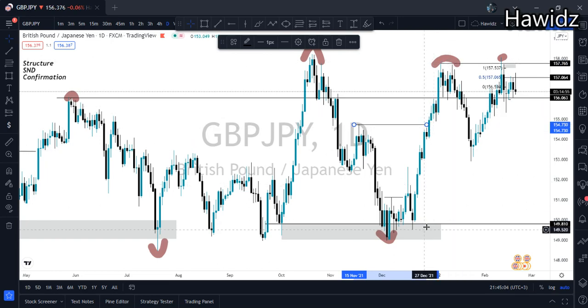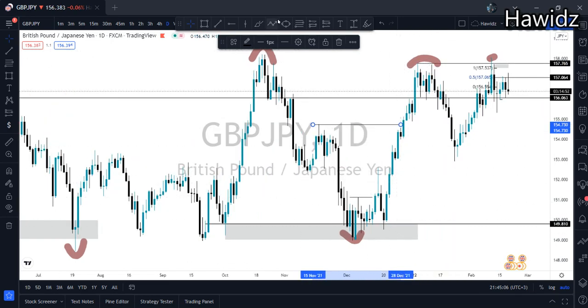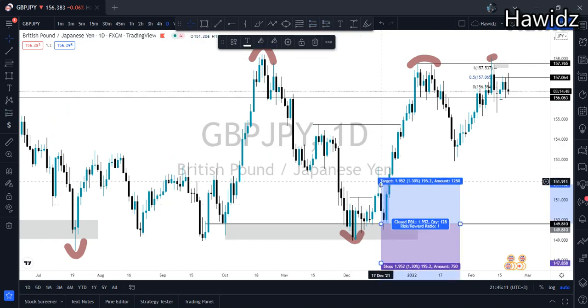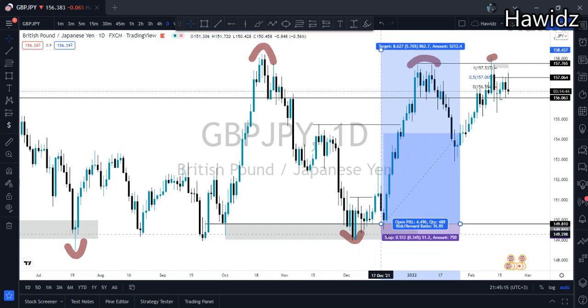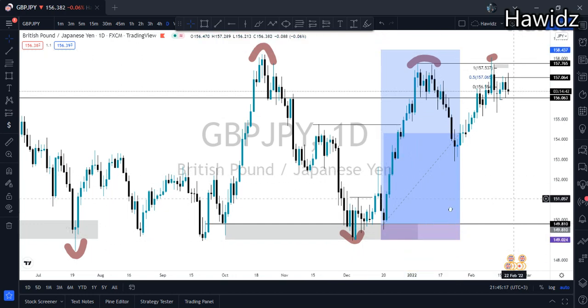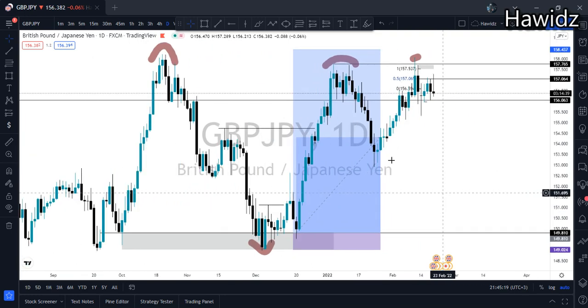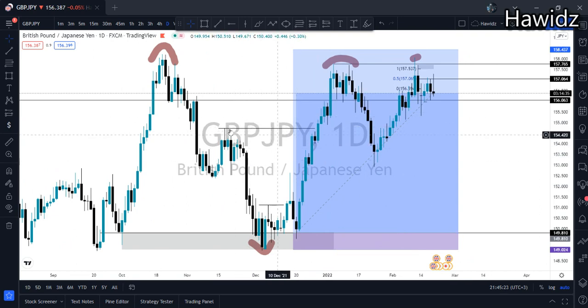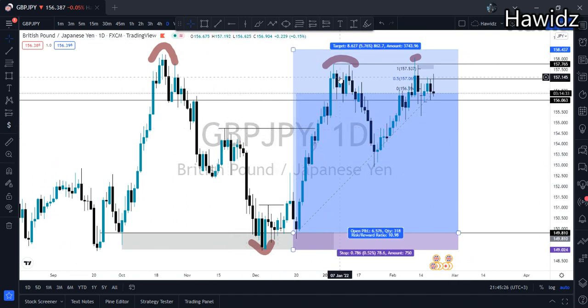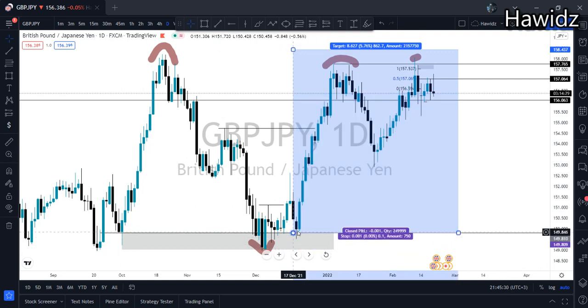Say you took a long trade here, looking to target these highs. The minute this high is broken, you adjust your stop loss to break even, meaning that you're never going to take a loss.